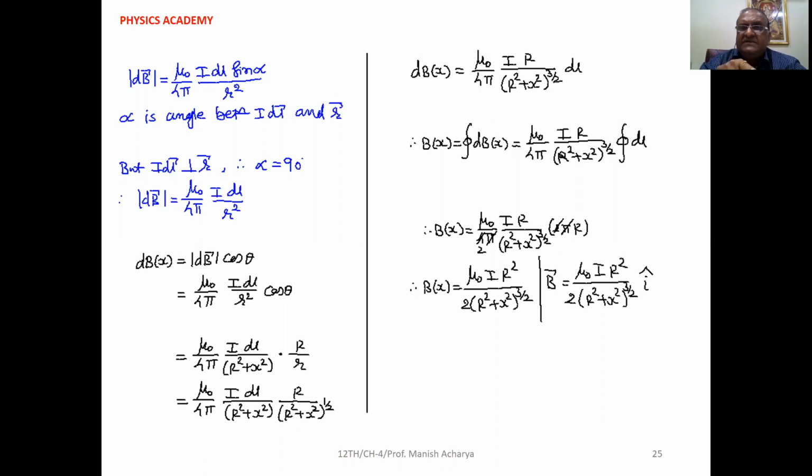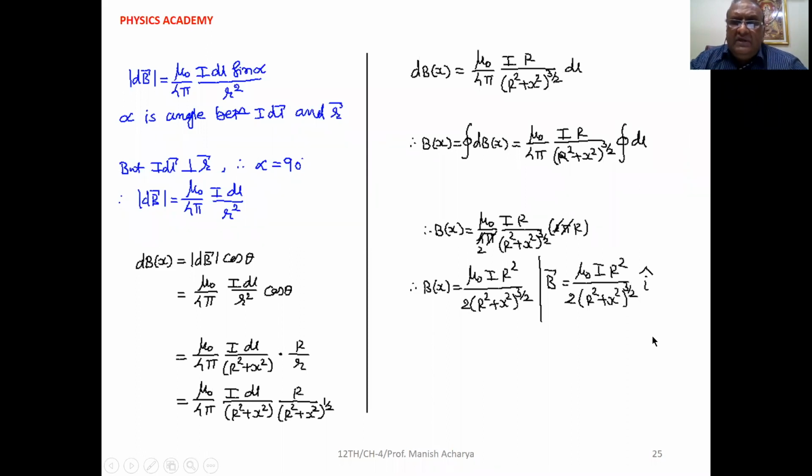And at present, our axis is coinciding with the x-axis. So in vector form, if you want to write this equation, simply multiply by i caret. If the axis of the ring is coinciding with the y-axis, then you have to multiply this by j caret.